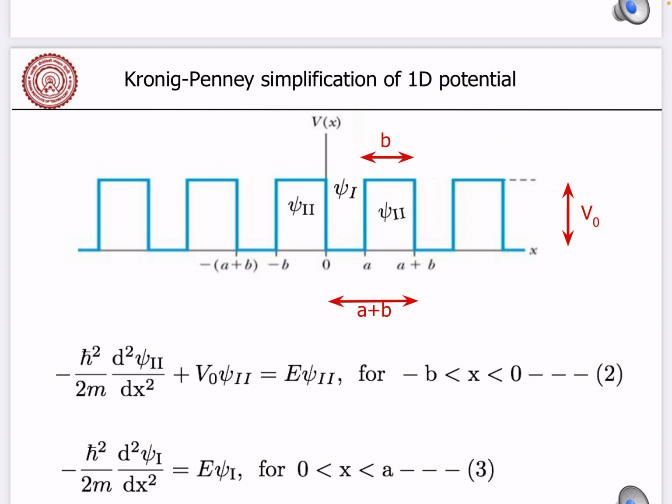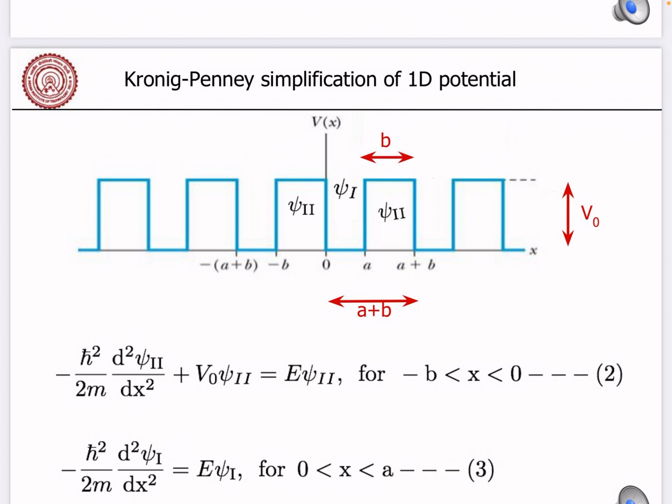Now once you define the wave function, then you write the Schrodinger equation. So you basically solve the Schrodinger equation for electrons in the two regions, right? Let me write for region 1.